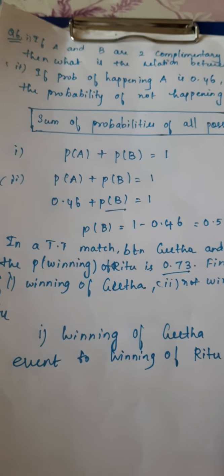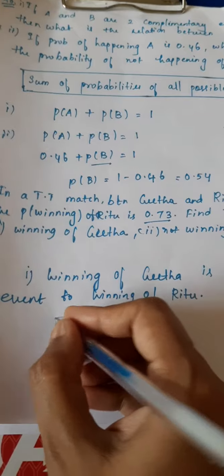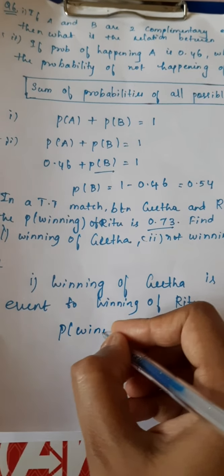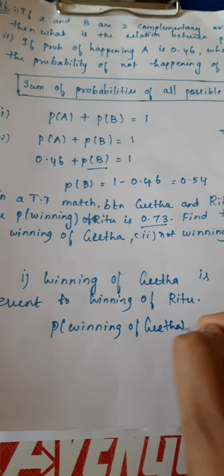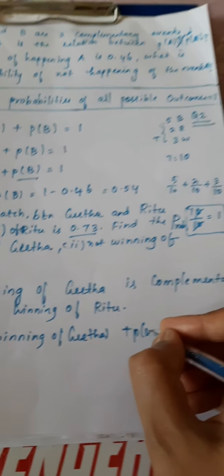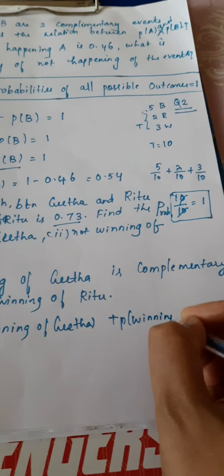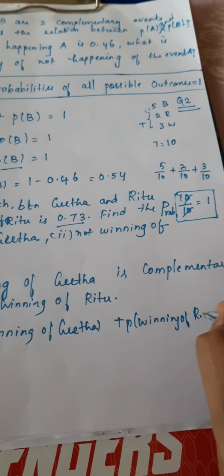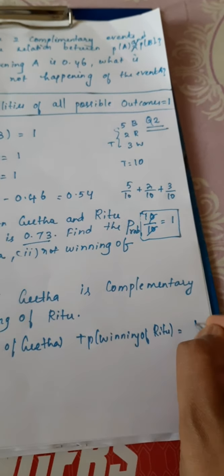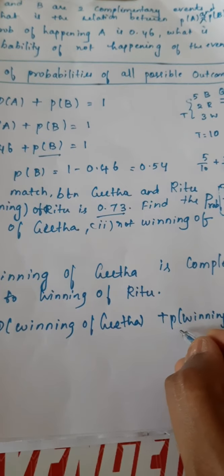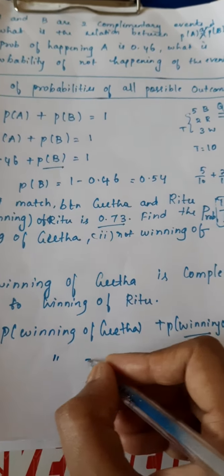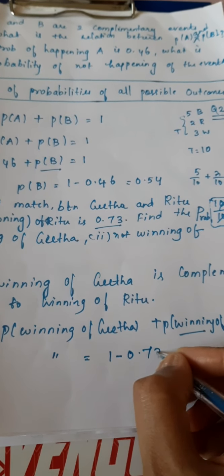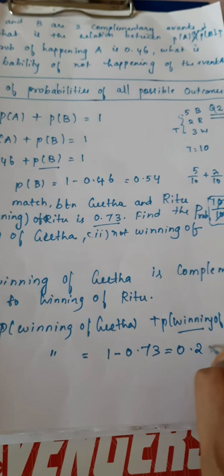It's 0.73. So the probability of winning of Geeta plus the probability of winning of Ritu is 1. So we can find the probability of Geeta as Ritu's is already given. So the probability of winning of Geeta is equal to 1 minus 0.73. That's 0.27.